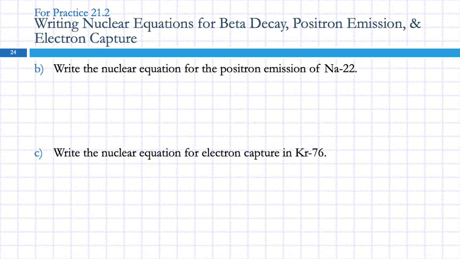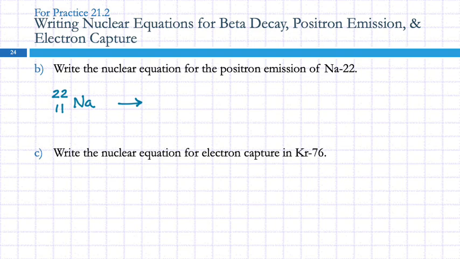Let's do a couple more. Positron emission of sodium-22, electron capture for krypton-76. Do those yourself, and then we'll go over them. Okay, so let's do these. Positron emission for sodium-22. So we have sodium, and 22 is the mass number, and the element number, atomic number, is 11.